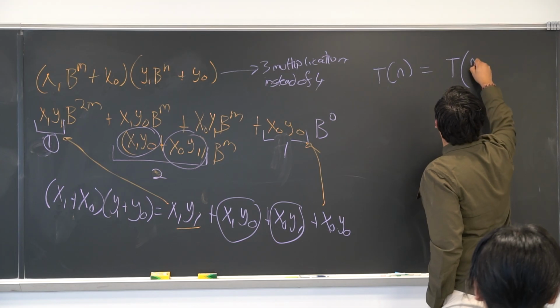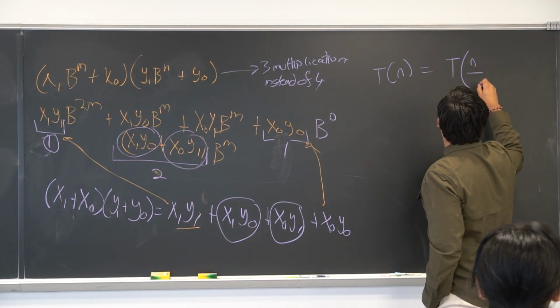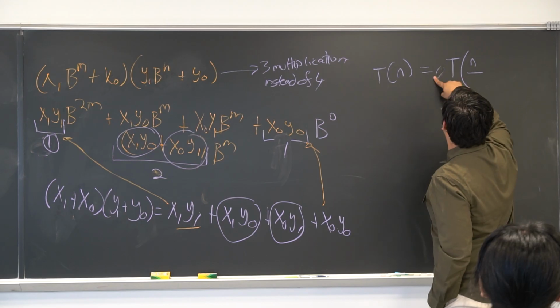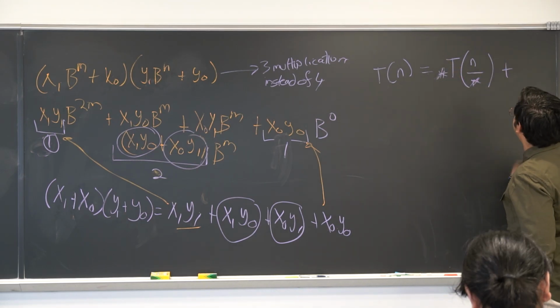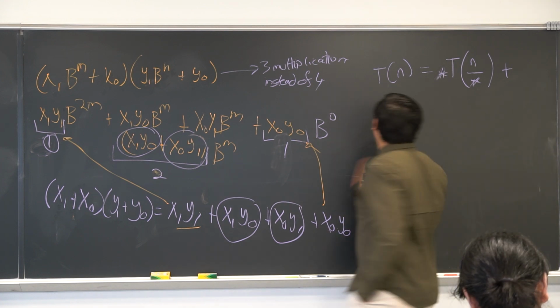I will give you a hint. There's supposed to be some number here and then some number here, where I've put stars, plus. Okay, what should these stars be?